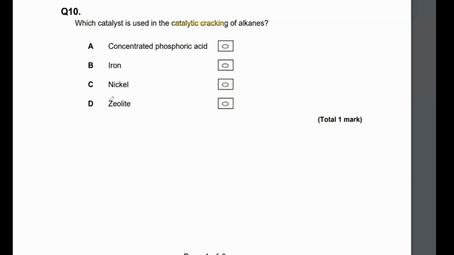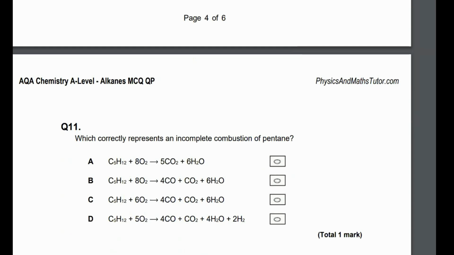It's zeolite. Of course, nickel is used in the hydrogenation of alkenes, so it's not that. Iron is a catalyst used in the Haber process. And concentrated phosphoric acid, we use that for dehydrating alcohols. So zeolite's your answer here.